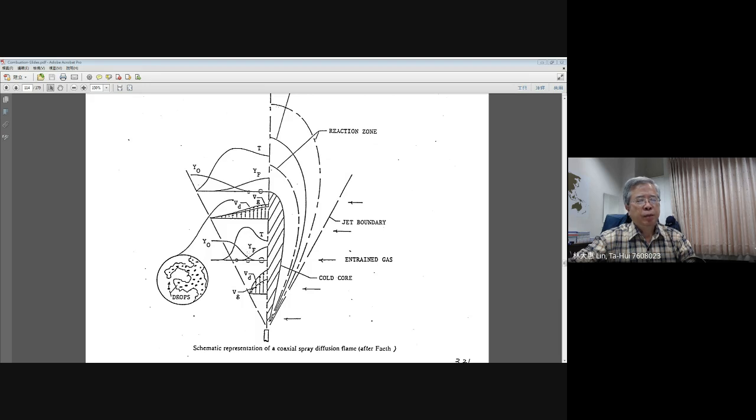Then your spray flame will sit around here, and when the chemical reaction finishes, all the heat of combustion is released, and you have the maximum flame temperature coinciding with the location of your diffusion flame. Also, these are the locations of the minimum fuel concentration and oxygen concentration.